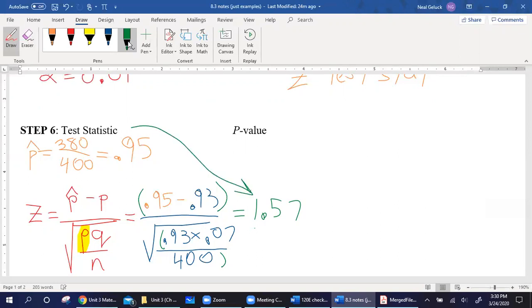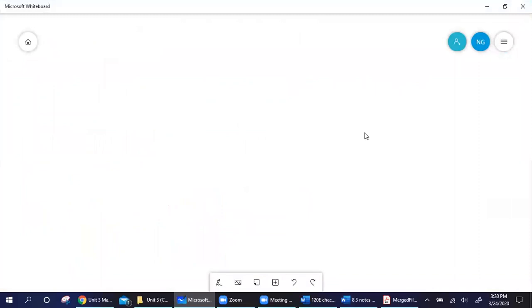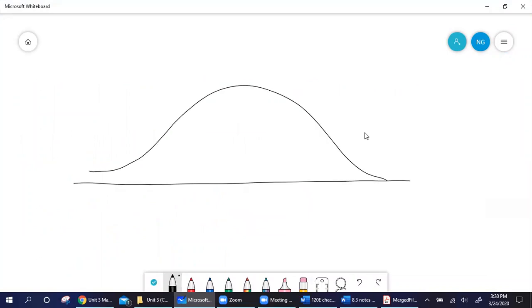And again, what this is saying, let me bring up a whiteboard here. It's saying if it's true that 0.93, or 93%, of computers have antivirus programs, the result we got of 0.95 is about 1.57 standard deviations away.